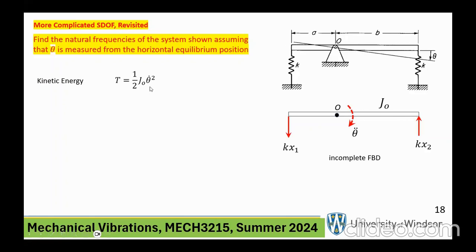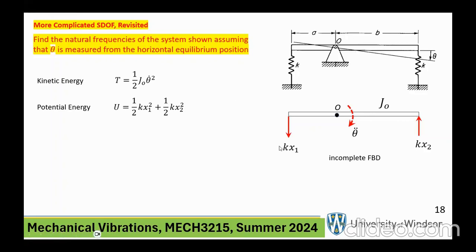We know that from dynamics. As far as the potential energy is concerned, these springs, one of them compresses, the other one stretches, but it does not matter whether it's compression or tension. The potential energy in it is 1/2 kx squared.